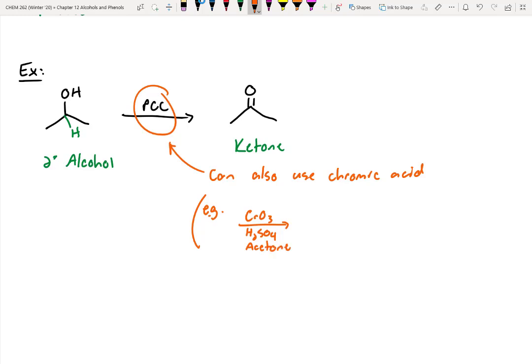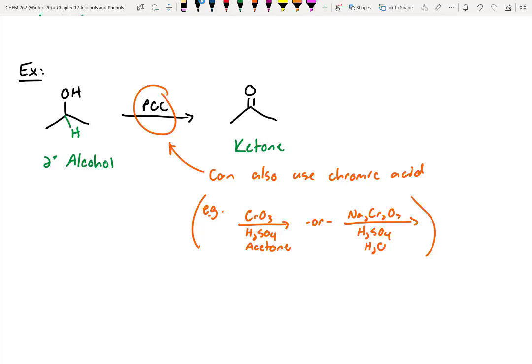That was one option we saw before. Or to make chromic acid, you can use sodium dichromate, which is Na2Cr2O7, followed by H2SO4 and water. In this case, you could use PCC or this one or this one. Doesn't really matter. You get a pick.